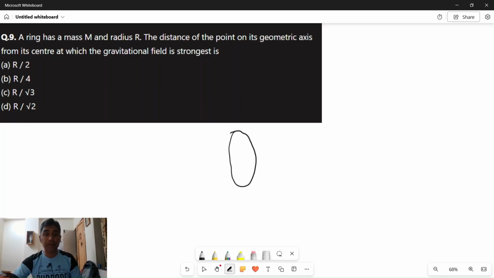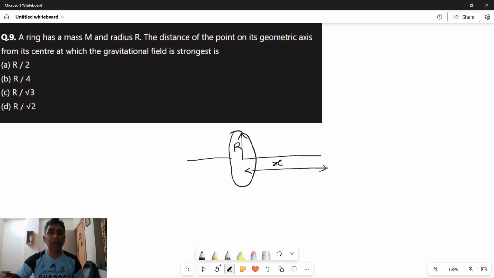So this is the ring, having radius R, and a point at a distance x on the axis of the ring.